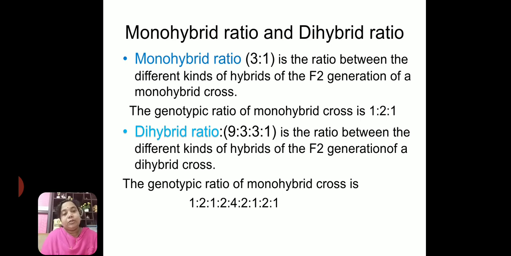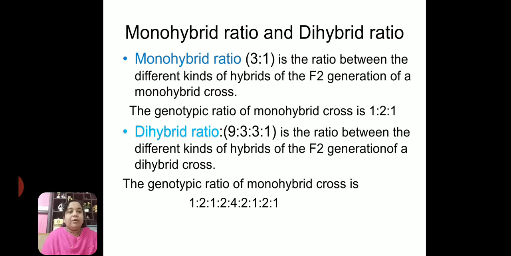But in the case of genotype, genotype is the genetic constituent of an organism. Even though the phenotype of three organisms is the same, when we look into the genotype, we can identify that it is again different. The number 3 can be split again into 1:2.